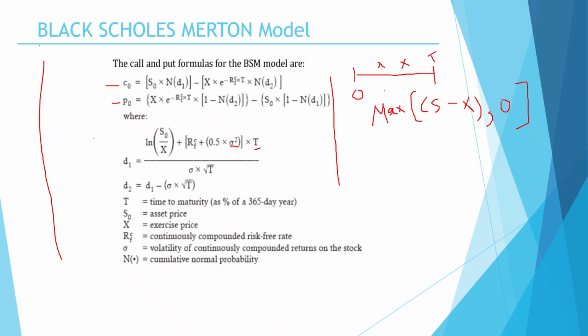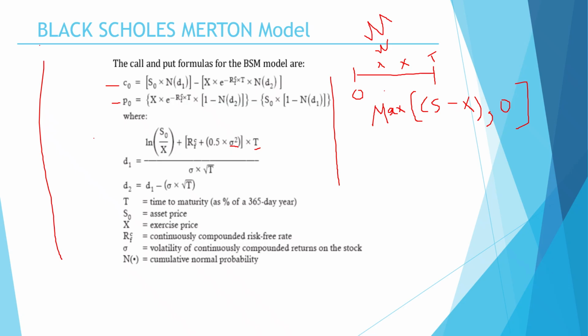If I have a volatility which is very high, for example this, then my option price will increase. So my point here is that to find the value of the option, we should know the factors which will impact the value of the option, call or put.